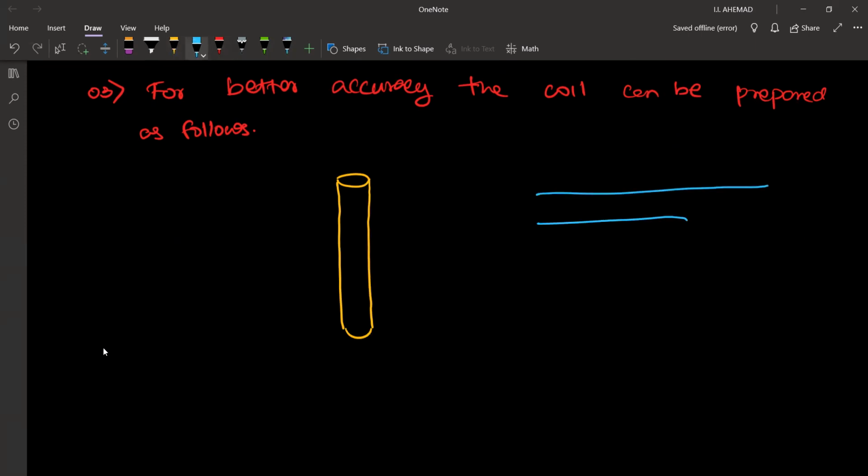Bend it into two, and now wind it around this coil. When you do it this way, you can increase the length of the wire. Therefore, the accuracy of the reading will increase.